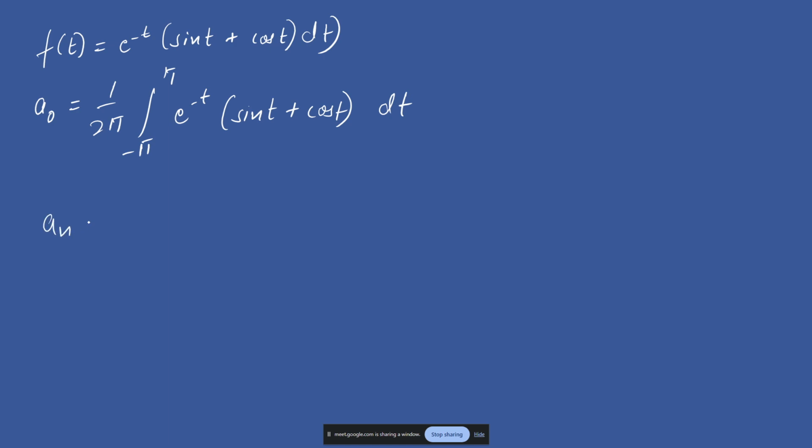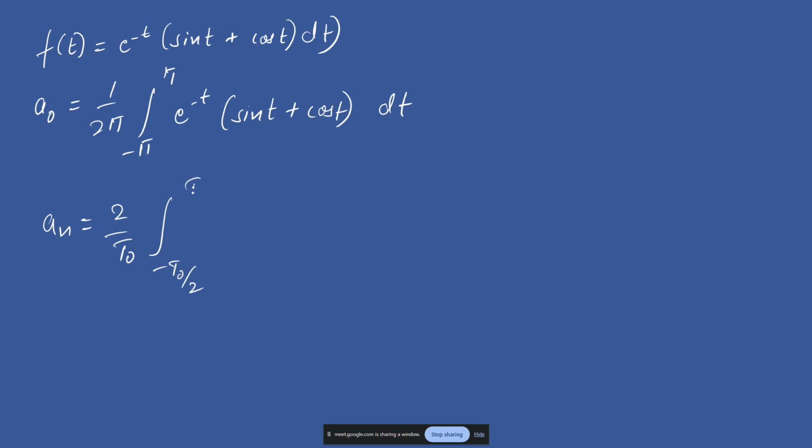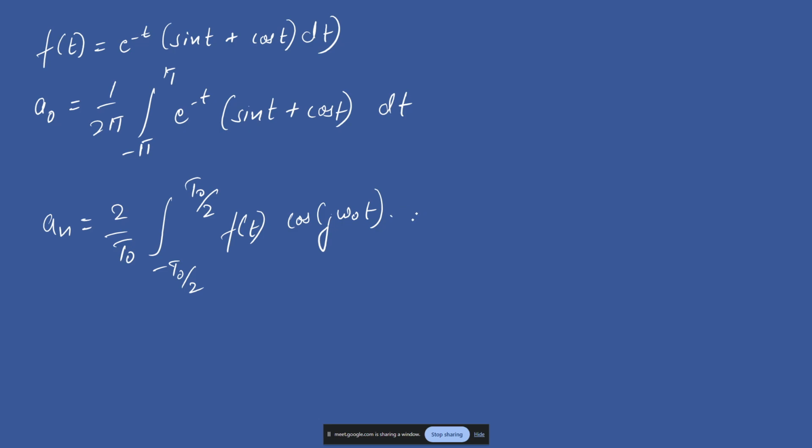And similarly for the other coefficients, let's say an, we know that it is given by 2 by T naught, integral from minus T naught by 2 to T naught by 2 of f(t) cos(j omega naught t) dt, where j is going from 0, 1, 2, 3 up to n.